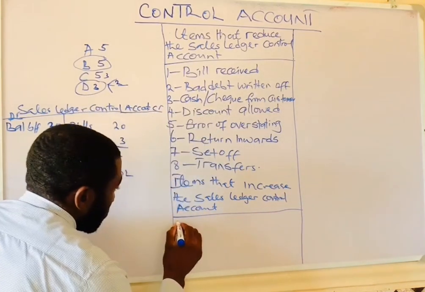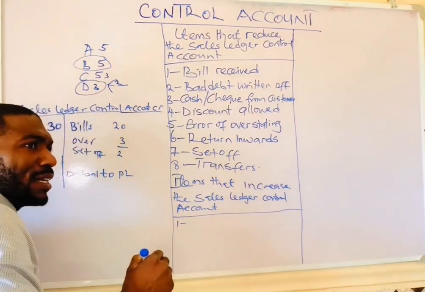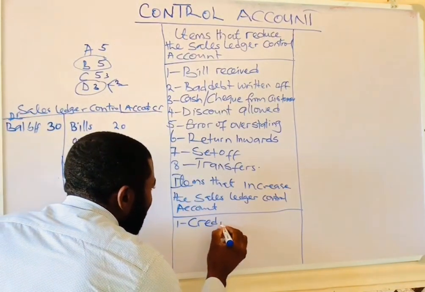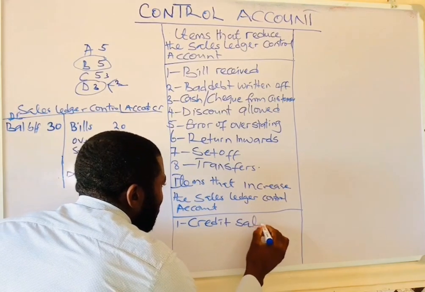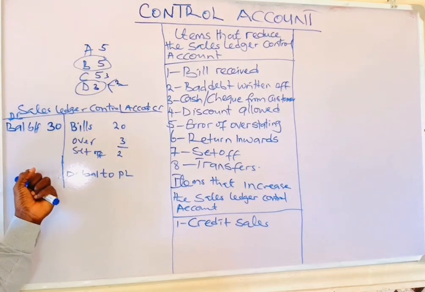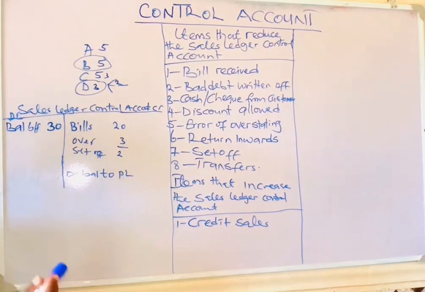Say number 1, there was an additional sale on credit. You say credit sales. I hope you're getting it. You sell again on credit. It will increase the debtor's balance, what you should receive.